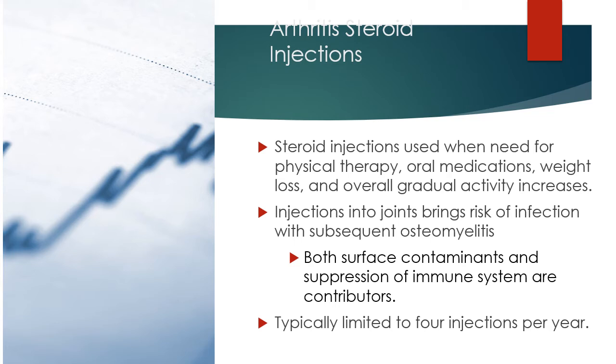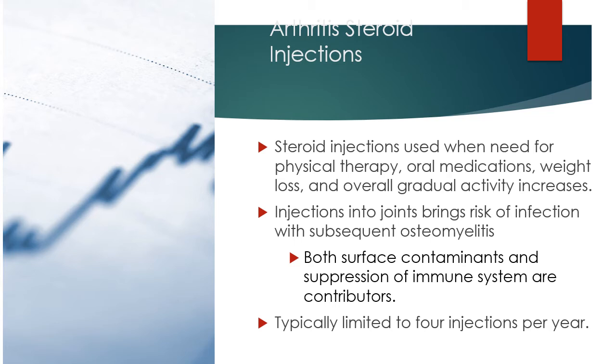We can use steroid injections for arthritis in particular joints. And these injections usually work fairly well. Generally, they can give injections about every 3 months. There is, of course, the risk of infection because you are suppressing the immune system locally.